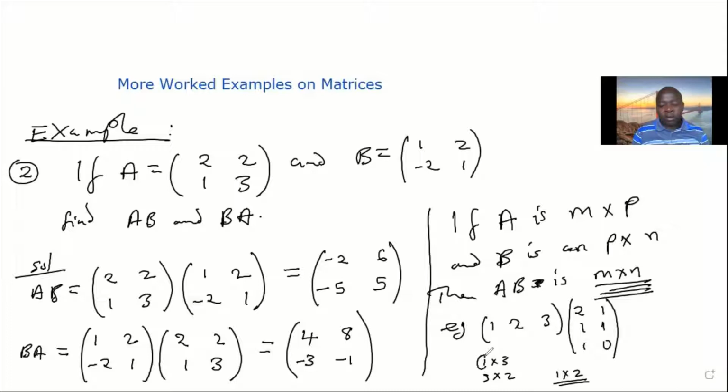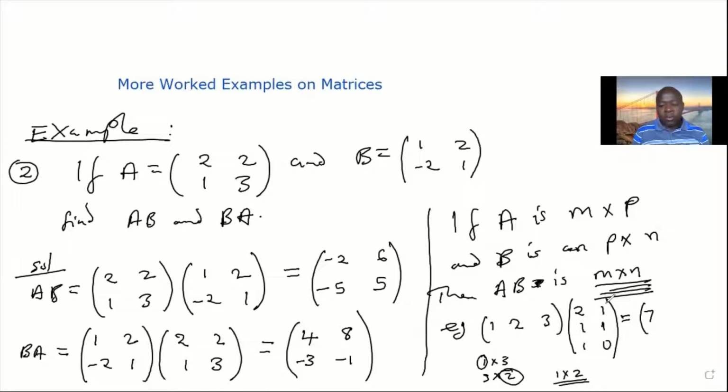So the rows of the matrix on the left and the columns of the matrix on the right give 1 by 2. Let's just see. This will give me 2 plus 2, which is 4, plus 3, which is 7.